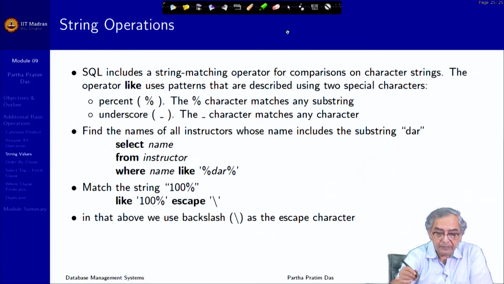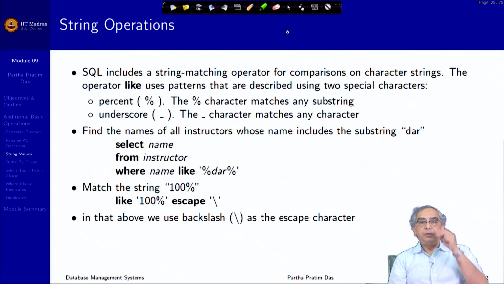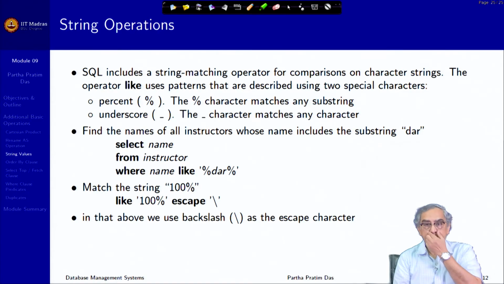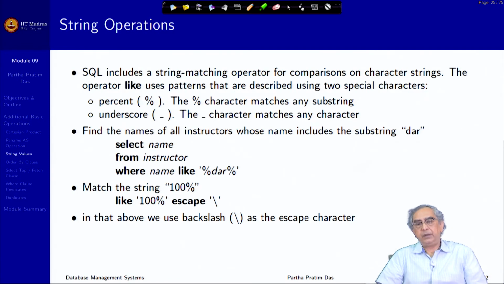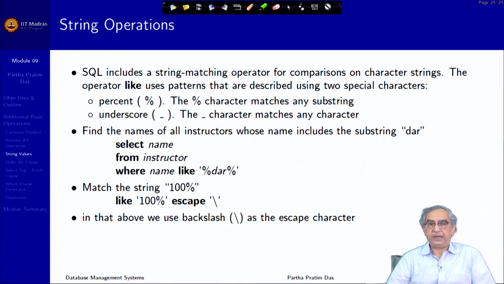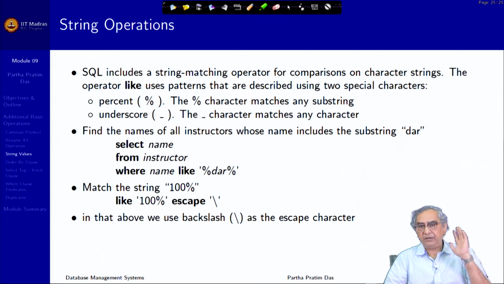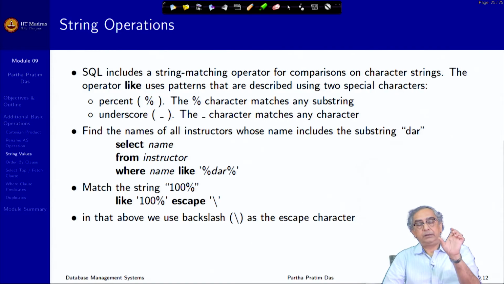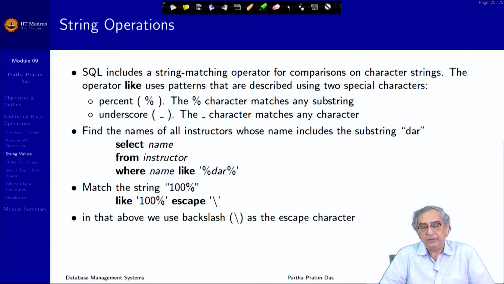Okay. The next thing I want to tell you about is strings. Strings are very important because a lot of data are of string type: names, even IDs, department names, course names, all these. So, we often have the exact string to match, like computer science, then it is easy, put it in quotes.